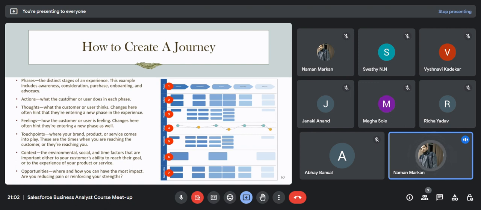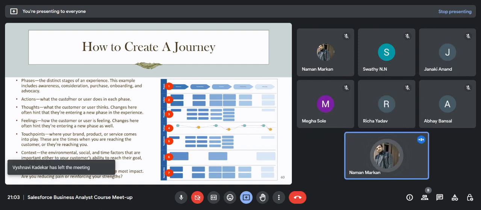And then we will look into the context, whether environment, social, time, work, and what exactly the important thing is. So in the context, the environmental context, social context, time factor context, each and everything which is important either to us or to the customers in order to achieve a certain goal is taken care of. In order to make your process fruitful, you have to look into these phases, actions, thoughts, feelings, touch points, and context.